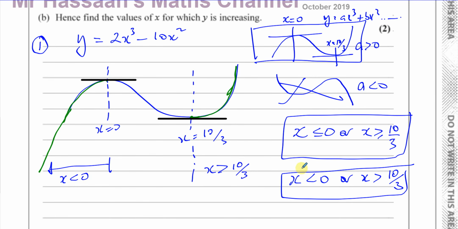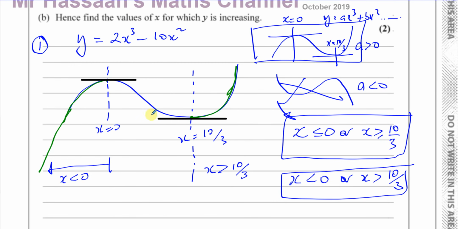But unfortunately, because the new P2 book uses this method, and the mark schemes seem to have this as the main way of answering, and then in the notes say allow this, I have to go through this palaver of explaining what this actually means. Between 0 and 10 over 3, it has decreased between those two values. So that's why you include 0 and 10 over 3.